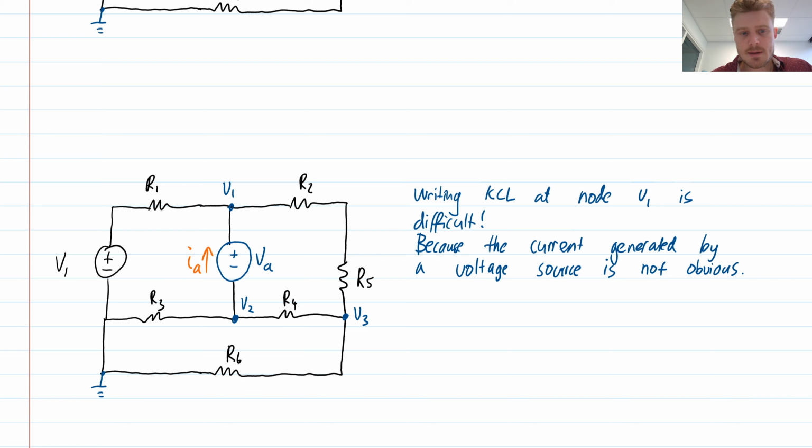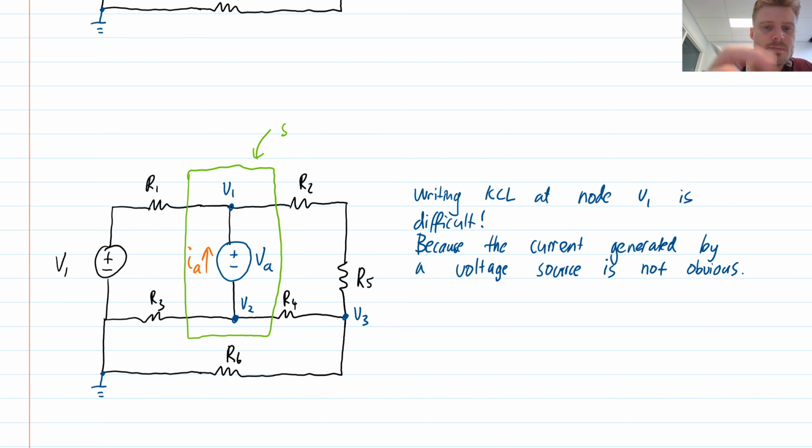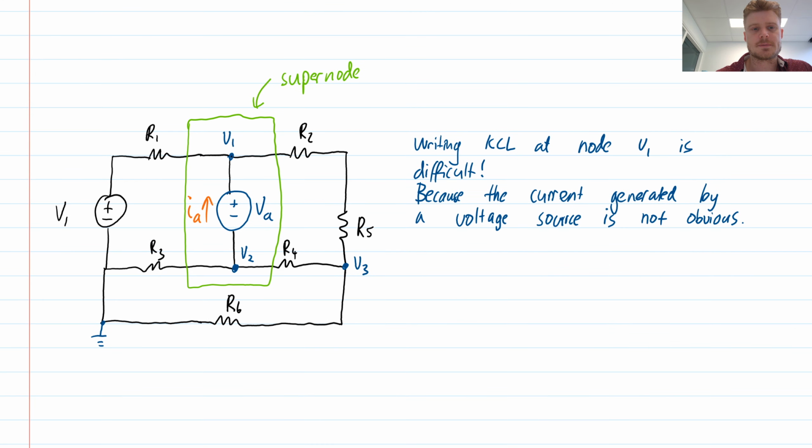And so we learned in a previous set of lectures that the way we address this problem is that we draw a box around our offending voltage source, and we call this thing a supernode. And what we do is we write KCL for the entire supernode.